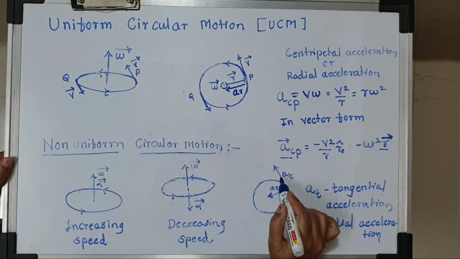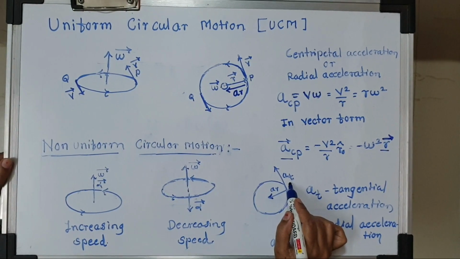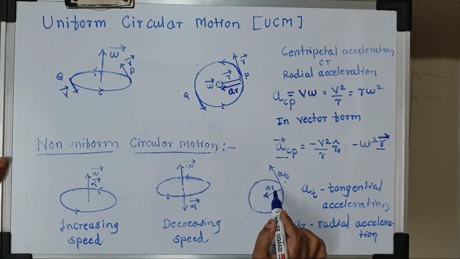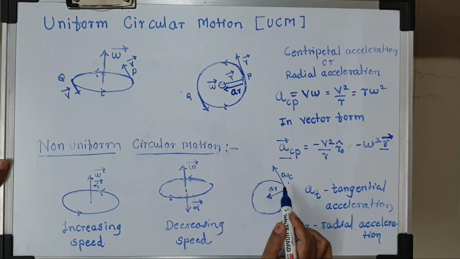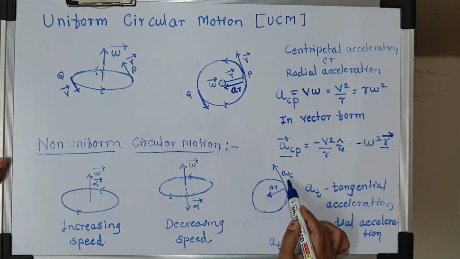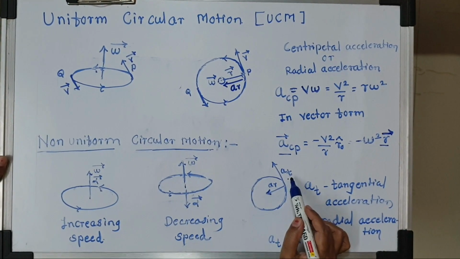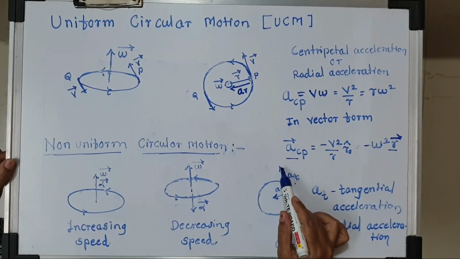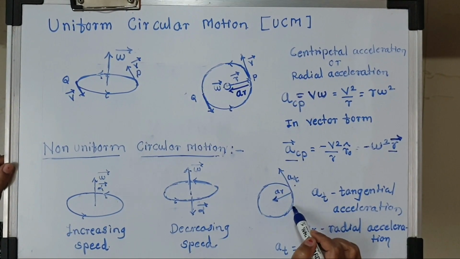To change the magnitude, we need tangential acceleration. So in non-uniform circular motion, we need two accelerations, radial acceleration as well as tangential acceleration. This acceleration either may be in the direction of the velocity or opposite to the velocity.